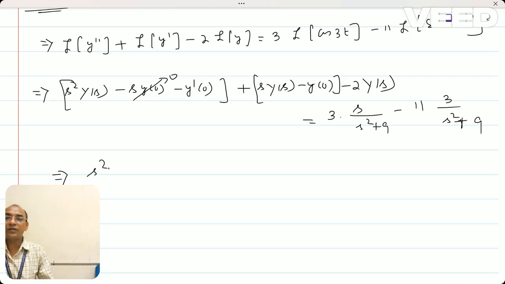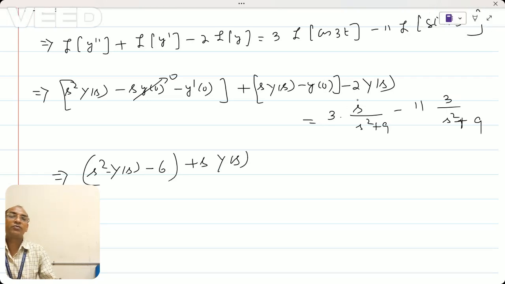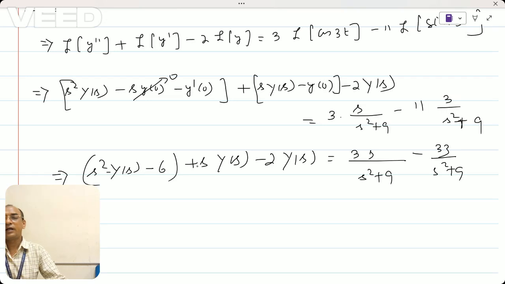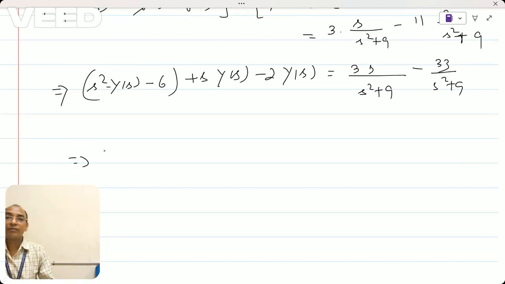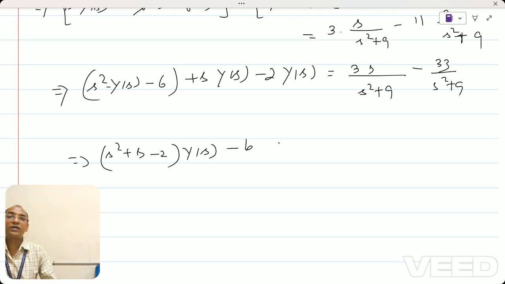So this will be s² Y(s) - 6, plus s Y(s), minus 2 Y(s), equals 3s/(s² + 9) minus 33/(s² + 9). Finally you get (s² + s - 2) Y(s) - 6 equals 3s/(s² + 9) - 33/(s² + 9).